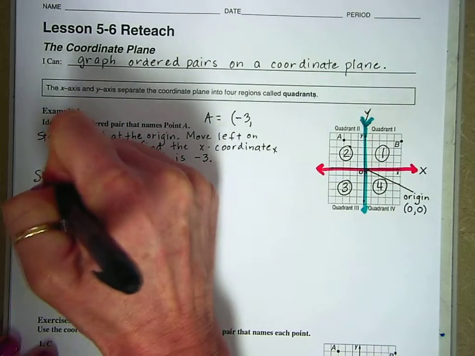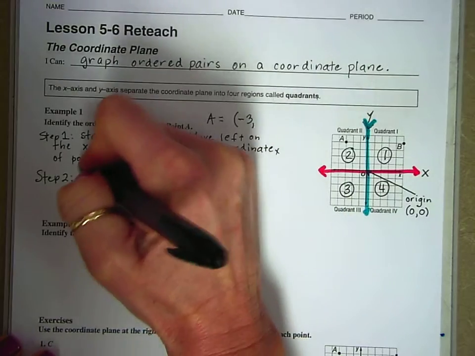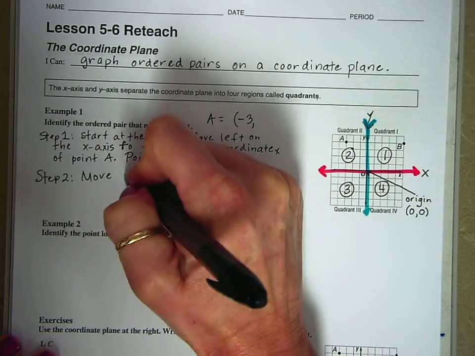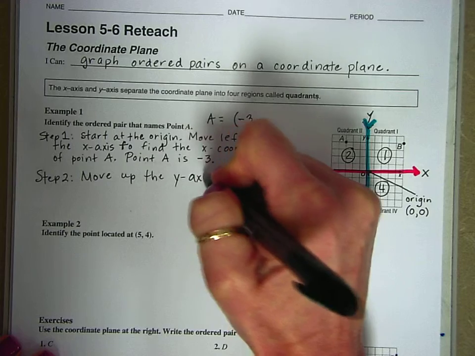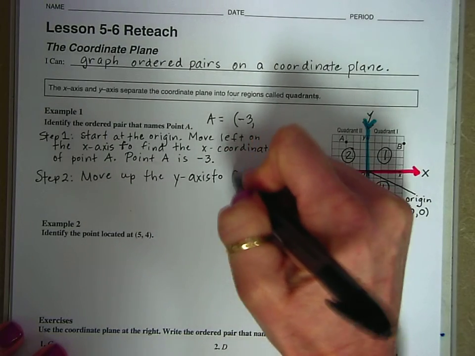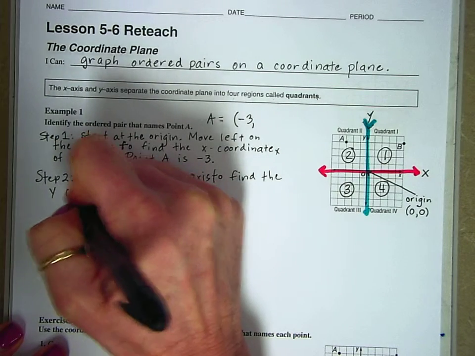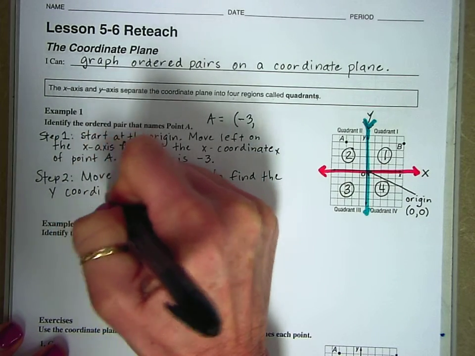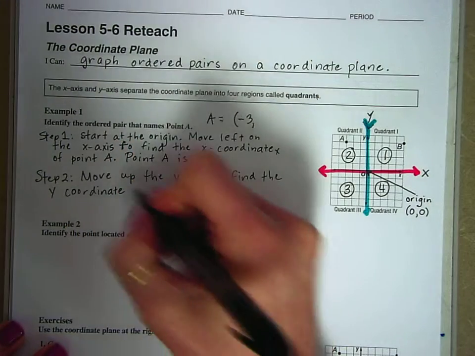We're going to get the y now. So step 2, move up the y-axis to find the y coordinate, which is 4.